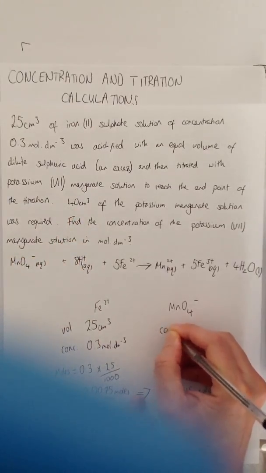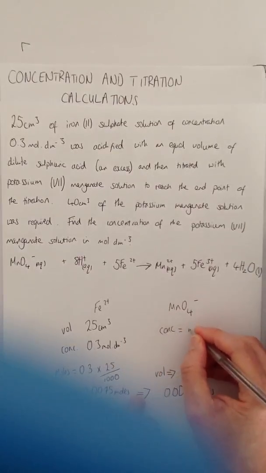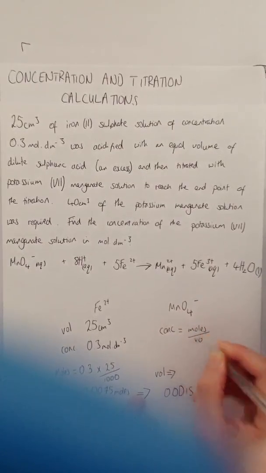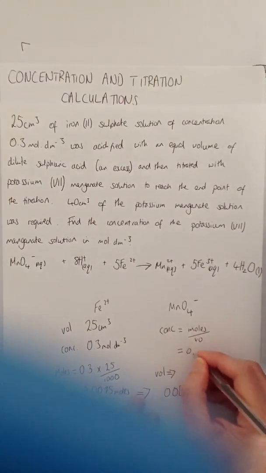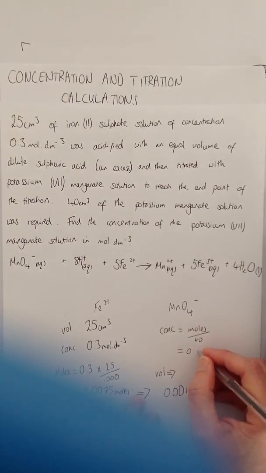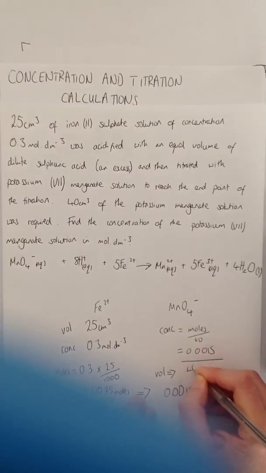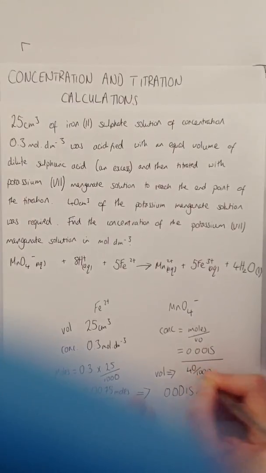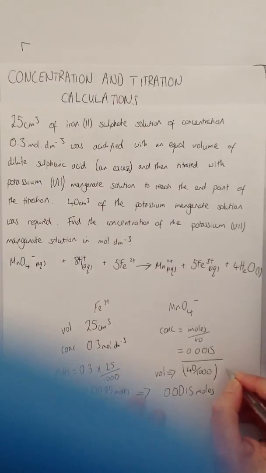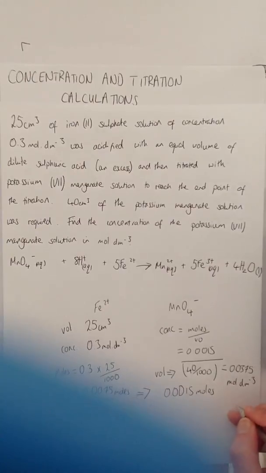We know from rearranging our equation that concentration is equal to moles divided by volume, moles 0.0015 divided by our volume, which is 40 over 1,000, and this gives us a concentration of 0.0375 mole per decimetre cubed. So not as horrible as it looked at all. Hopefully now you can have a go at some of these yourself.